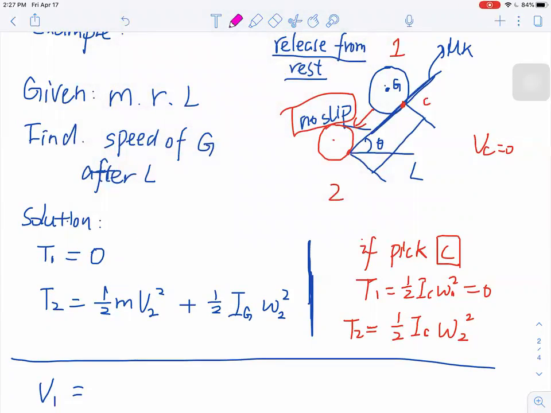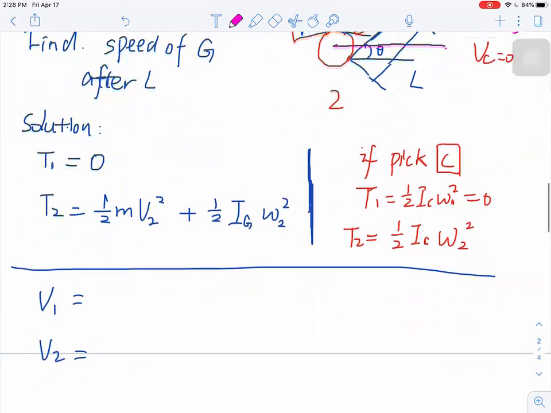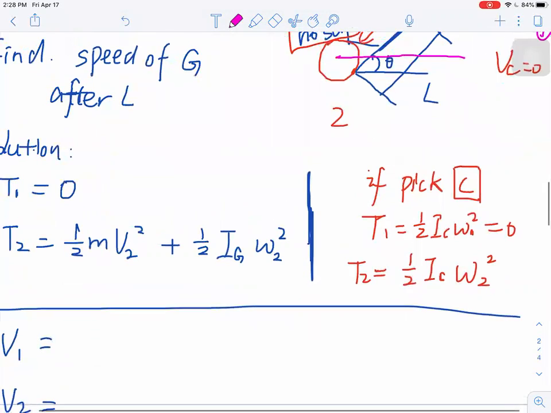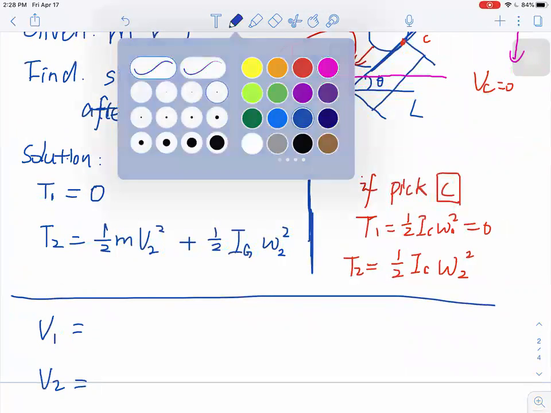If we set the initial position as our datum, where V equals 0, then at this new position we're going to have negative potential energy, right? Because we're going below the zero potential. So at position 1, that's how we set up the datum.